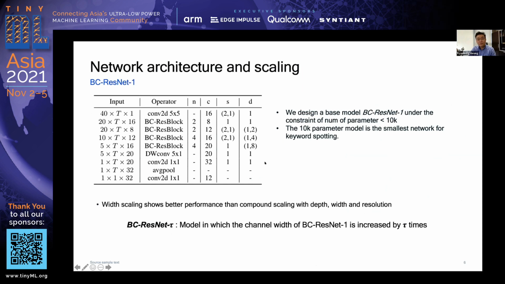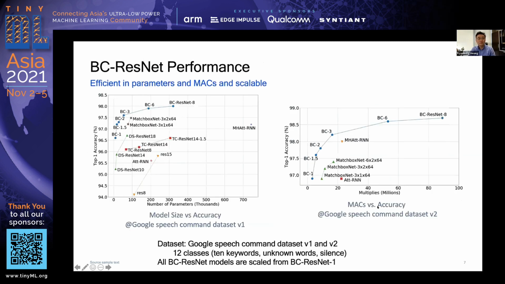The total number of parameters is less than 10K, and this is scalable. Here tau is 1, and if tau increases, we increase the channel width with that scale ratio. So this is our performance here. This is the number of parameters, and this is the accuracy.